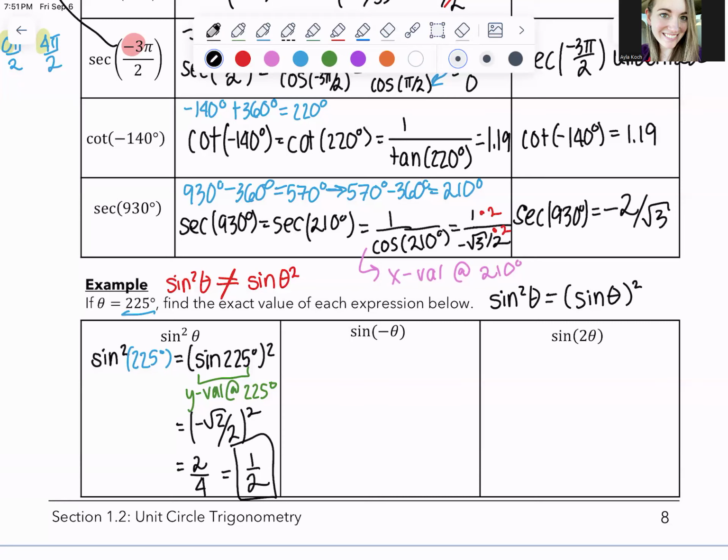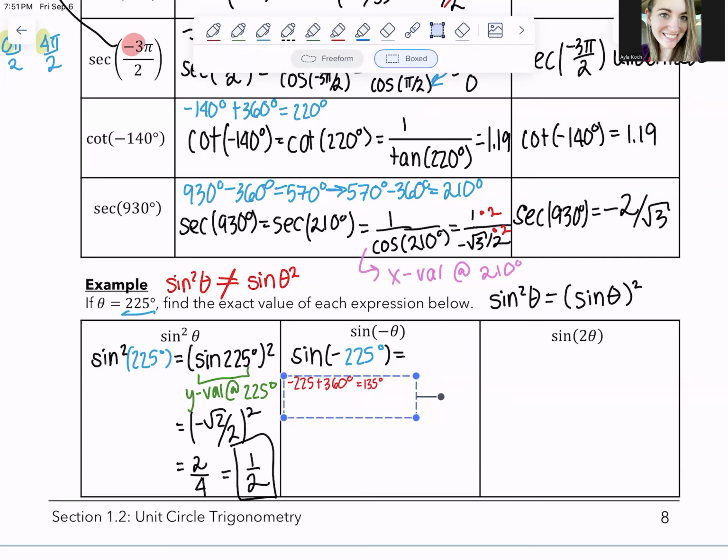All right. Plugging in 225 again. So we have sine of negative 225 degrees. I'm going to find a coterminal angle. So I'm going to do negative 225 plus 360, and I get 135.